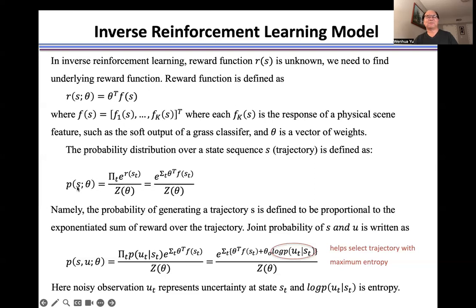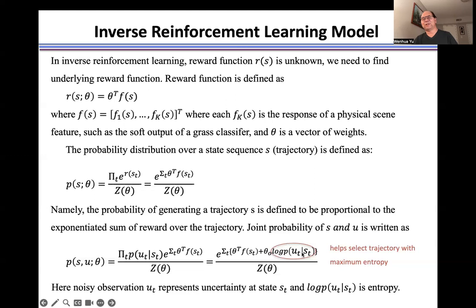So once we have this probability over the trajectory, we then need to take into account the uncertainty in the measurement, the observation state U. And then we insert this observation model into this product to get the joint probability of the trajectory S and U. Then we use a trick to move this U into an exponential term added to this reward.